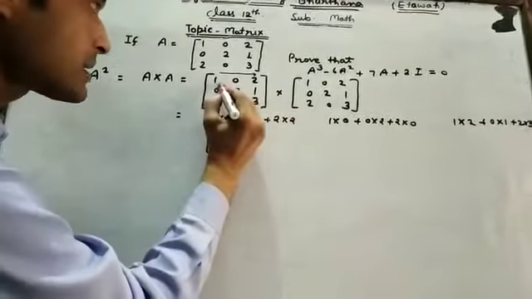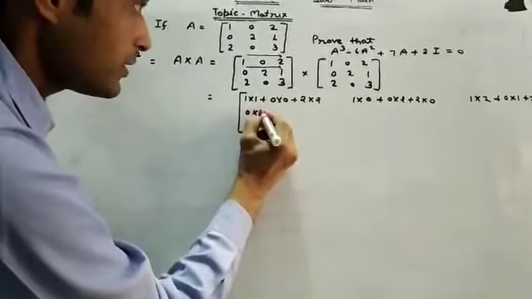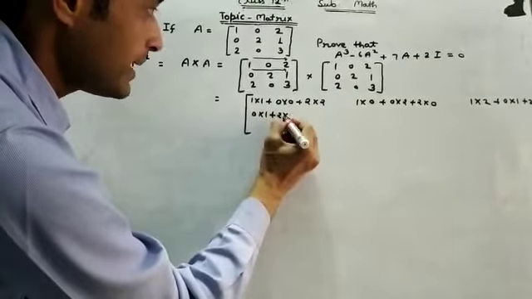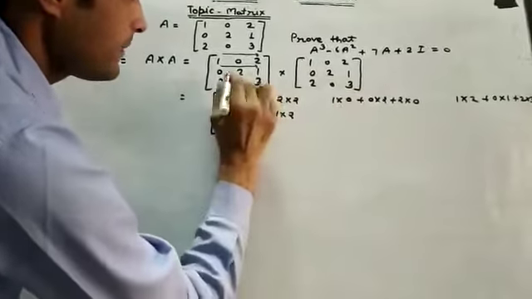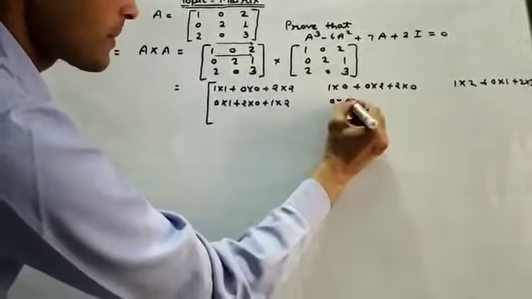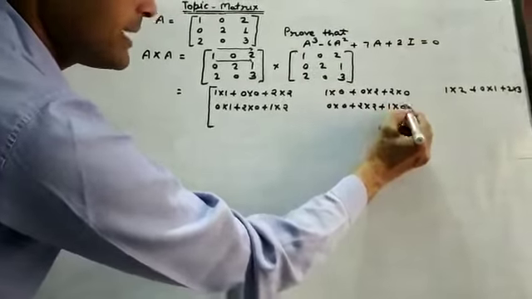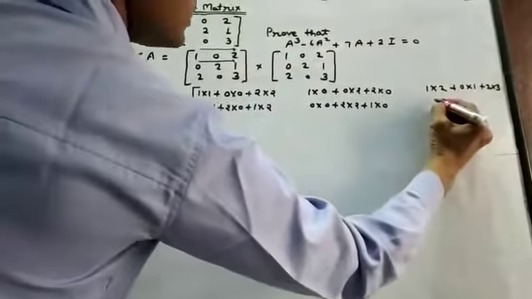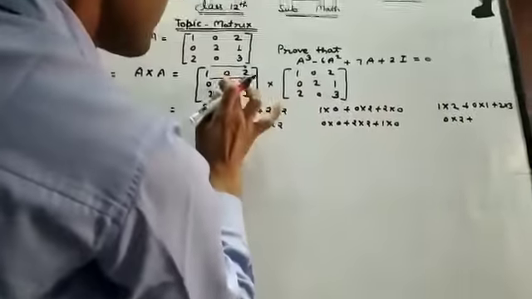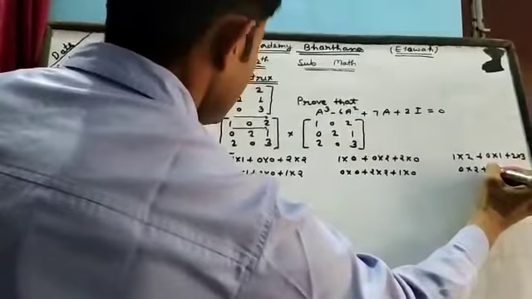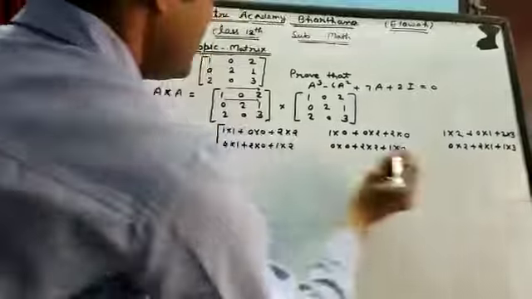Now the same for the second row. 0 multiply 1 plus 2 multiply 0 plus 1 multiply 2. Again 0 multiply 0 plus 2 multiply 2 plus 1 multiply 0. Last 0 multiply 2 plus 2 multiply 1 plus 1 multiply 3.